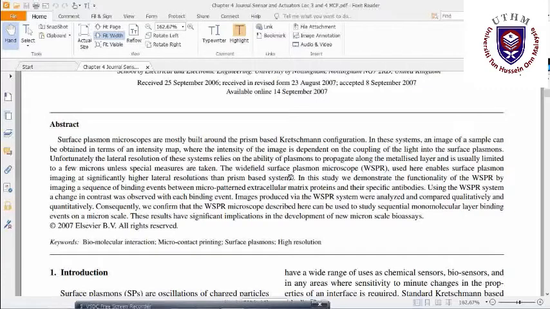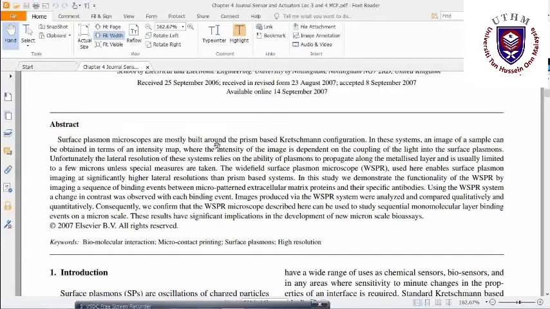The standard one is the normal basic surface plasmon, which we call SPR. If it's wide field, then we call it wide field surface plasmon microscope. Why? Because wide field enables you a larger area to examine on the surface. Later we will look at the process of imaging.